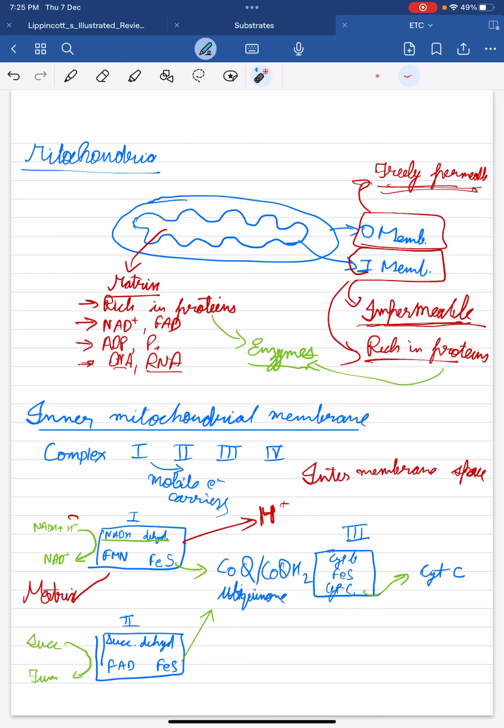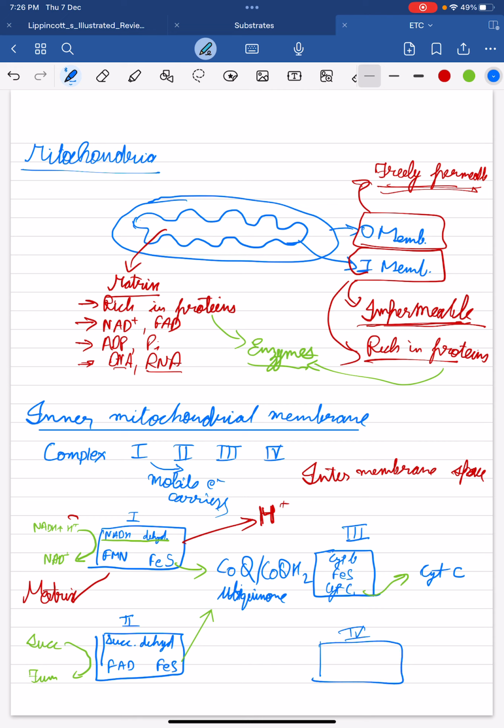Note, this is a mobile electron carrier. It is present in the intermembrane space. And it carries the electrons from cytochrome C1 to complex 4.